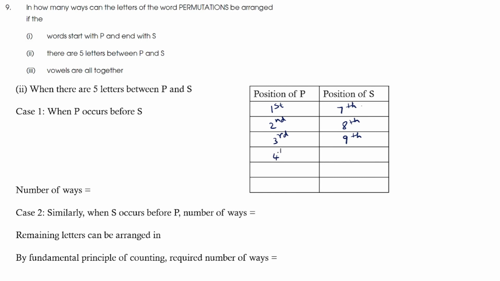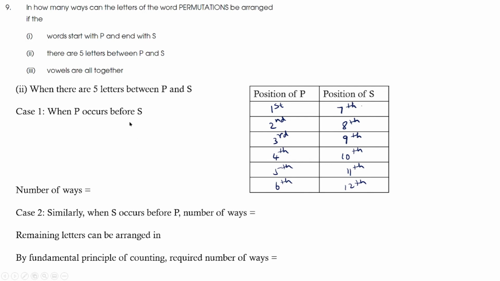Similarly, if the position of P is 4th, after 5 letters, the position of S is 10th. If the position of P is 5th, then the position of S is 11th. If the position of P is 6th, then the position of S is 12th. Here this word has only 12 letters, so we cannot go beyond that.